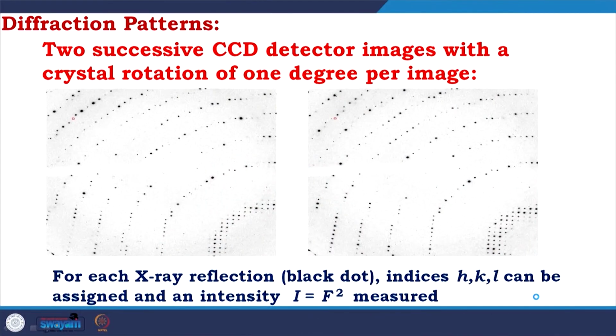So, in the diffraction pattern we are talking about, there are two successive CCD detector images with a crystal rotation of 1 degree per image. For each X-ray reflection, which is the black dots, indices H, K, L can be assigned and an intensity I equal to F squared is measured.